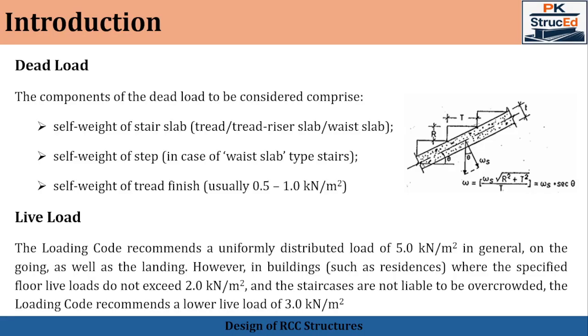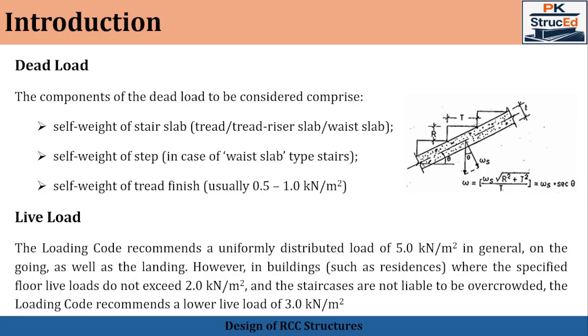Let us now understand the loads acting on a staircase, which is a very important part of stair design. It starts with the dead load components. The dead load consists of the self weight of the waist slab, the self weight of the steps in case it is a waist slab type staircase, and the weight of floor finish, usually between 0.5 and 1 kilonewton per meter square.